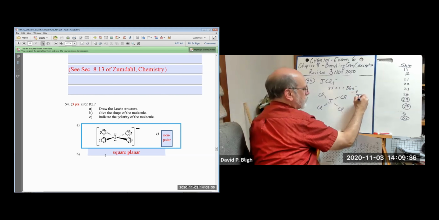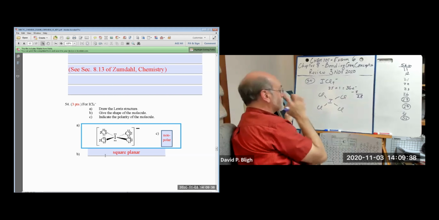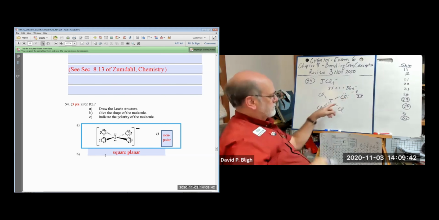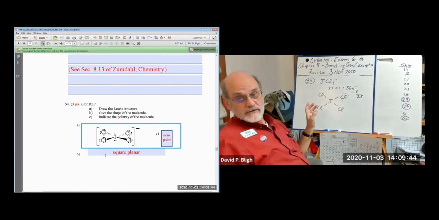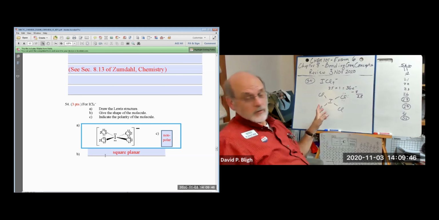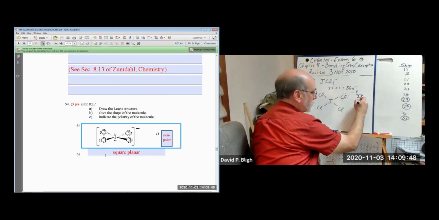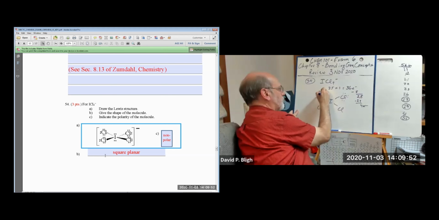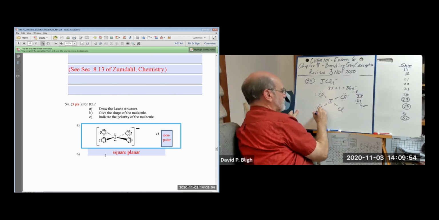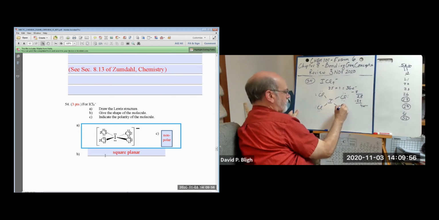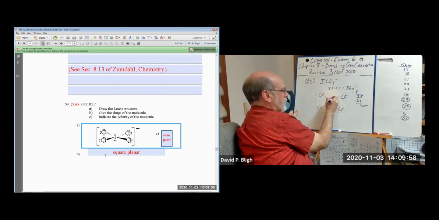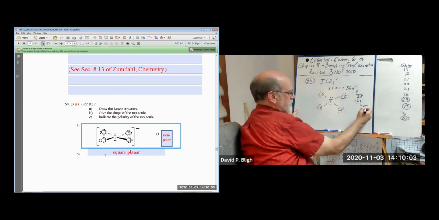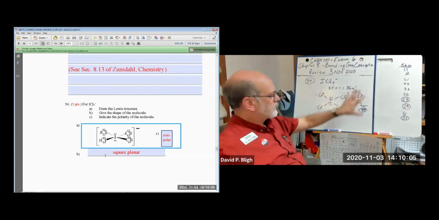So that means 28 electrons. 2, 4, 6. If we do the same thing for each one, that's 4 times 6 is 24. 4 electrons left over. They go on the central atom, and that means 0. Okay, so we're all zeroed out.